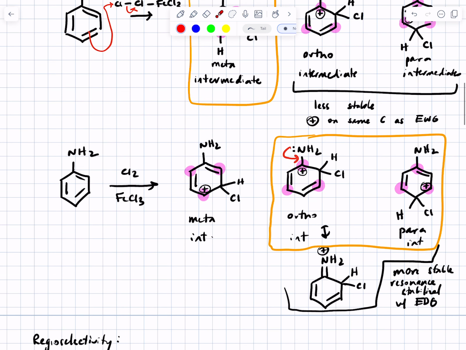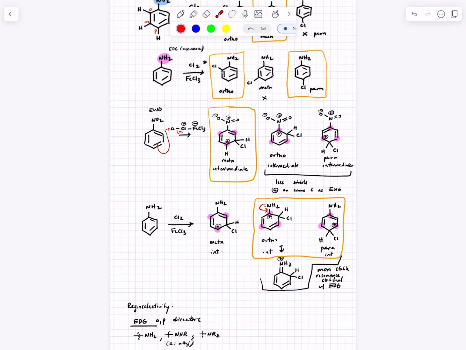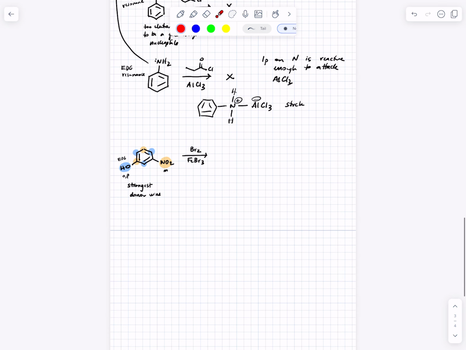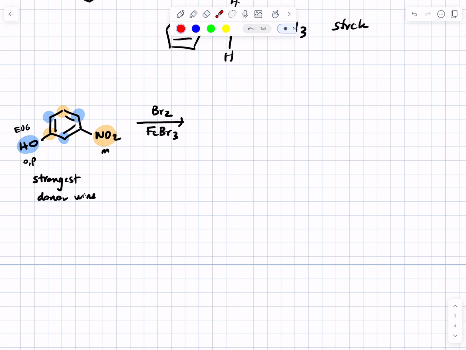For the donating groups, though, ortho and para stabilizes the positive charge by donation of those electrons. So donating groups generally overcome the withdrawing ability of withdrawing groups. So you'll just simply choose to put the next group on one of the blue carbons because the strongest donor is going to win.